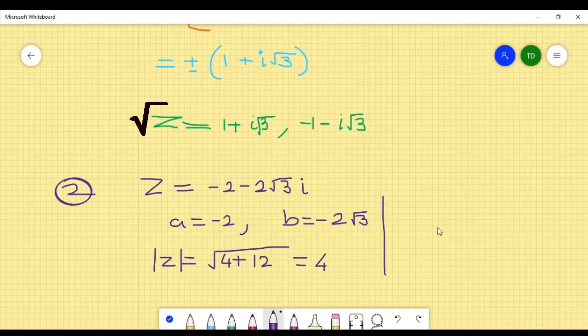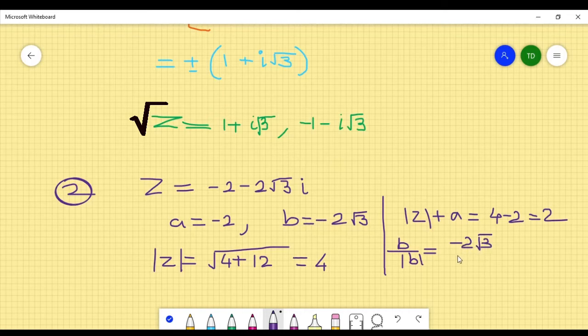Simultaneously, what values do we need? In one case we need mod z plus a. So this is 4 minus 2, meaning 2. Then we have b upon mod b. In the present case we have minus 2 root 3 upon its modulus.